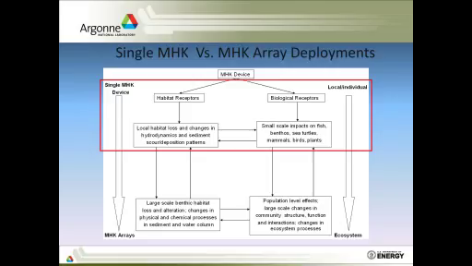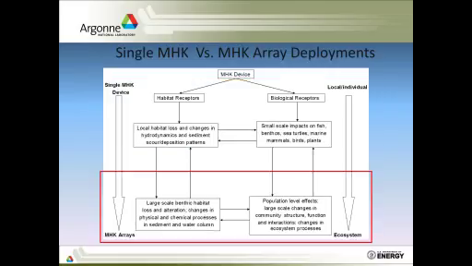But as you start to add devices, the impact magnitude begins to accumulate. So you could end up seeing potentially some large-scale impacts on benthic habitat, water column processes, physical processes, and then in turn some population-level effects on the biota. So changes in community structure over a larger scale, community interactions and ecosystem processes.